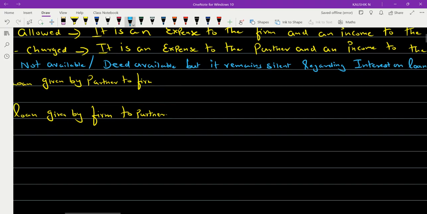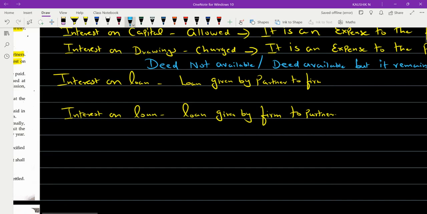If this is the scenario, you have got a deed but it is silent regarding these two items, or the deed is not at all available. What will be your conclusion for these two loans?